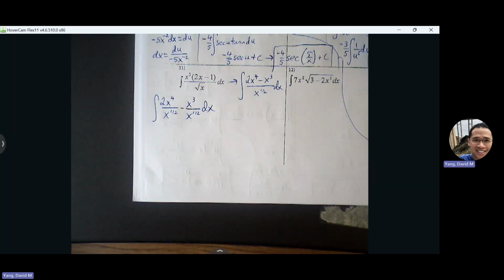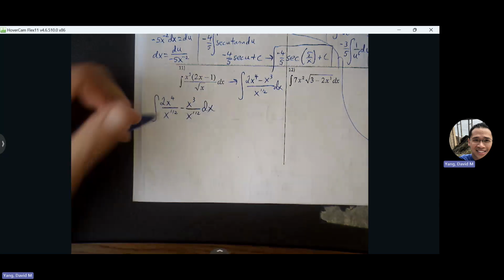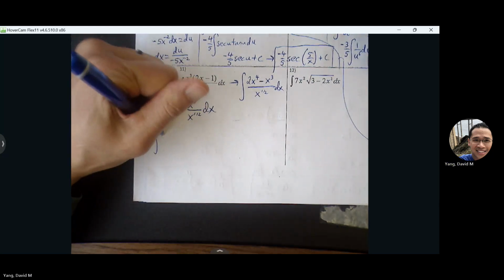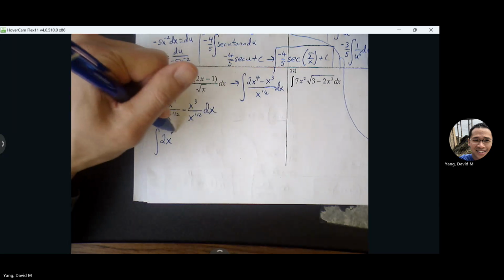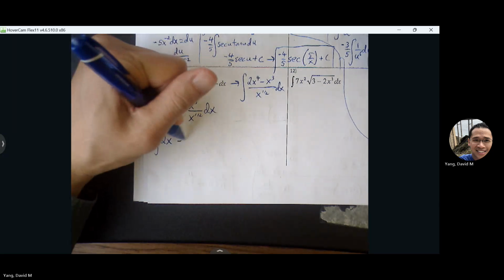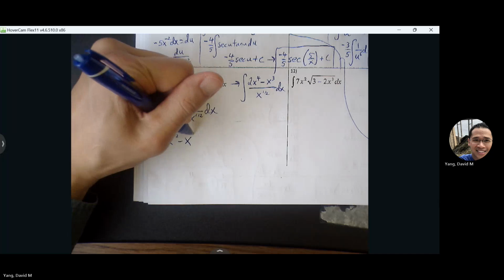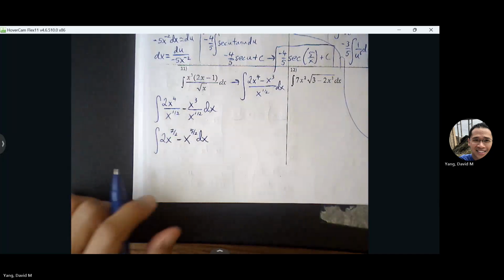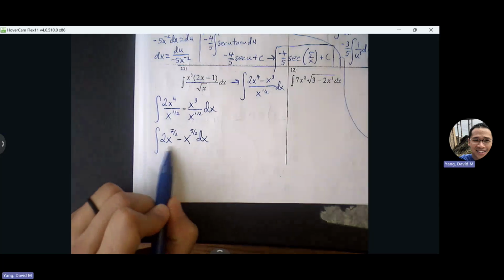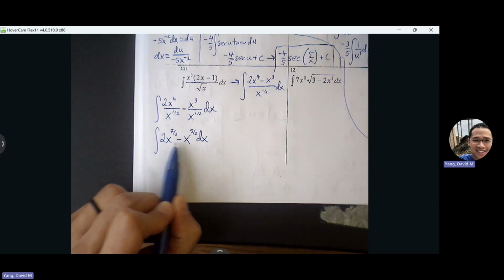Okay. We know if we want to do power rule, our variable has to make its way back up. We can merge the x's together by subtracting exponents. Both terms are independent of each other.